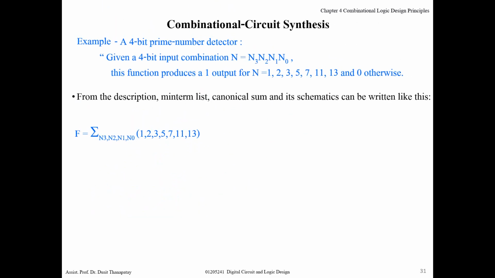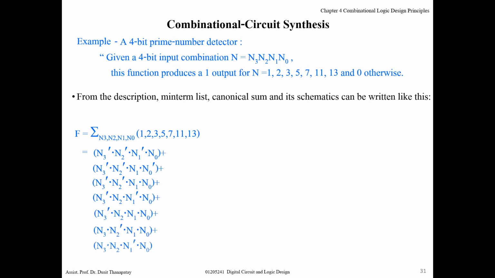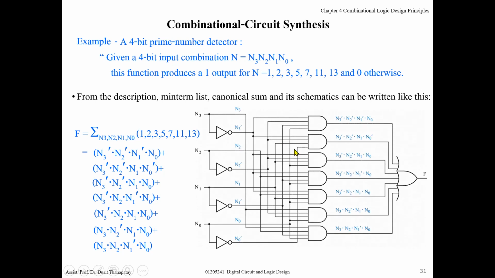So you just find all of the minterms, and sum them together, then we get the equation for this function. After that, you just draw the circuit diagram, or schematic, to implement the function easily, right?